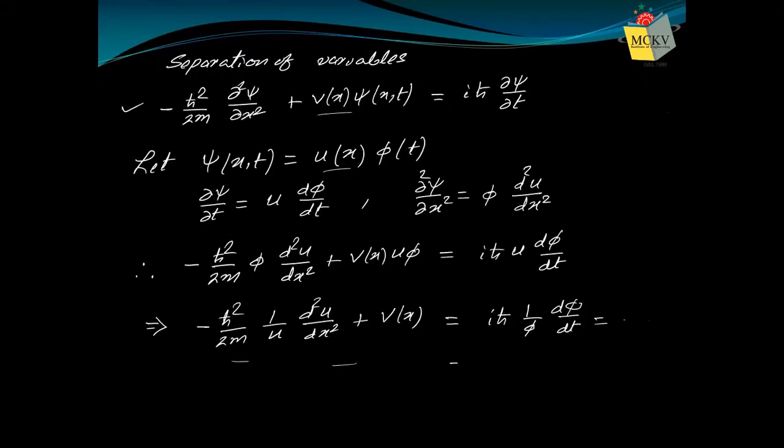So left-hand side equals right-hand side equals that constant, which is nothing but energy, the total energy. Total energy is conserved. So that constant is nothing but the total energy.